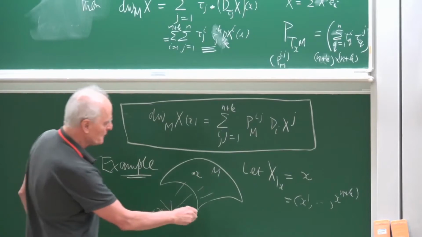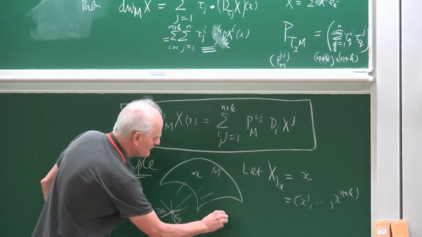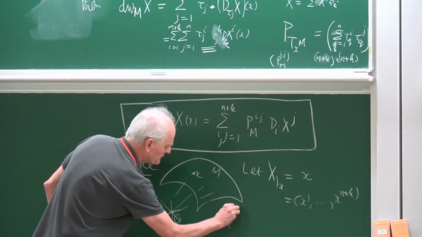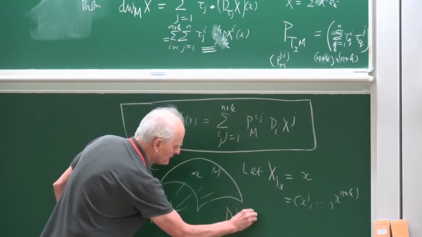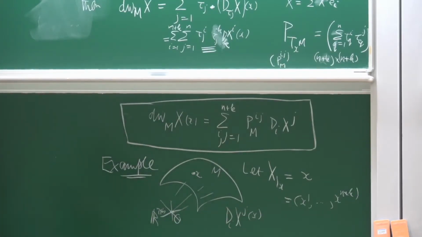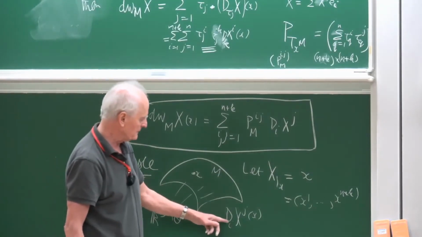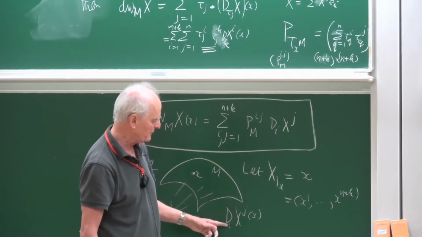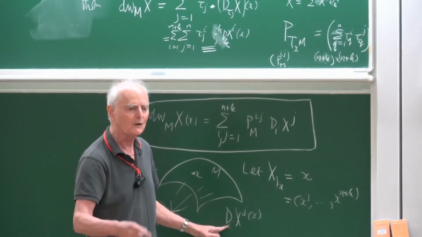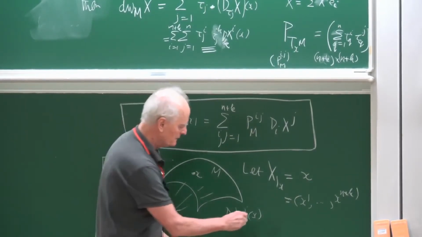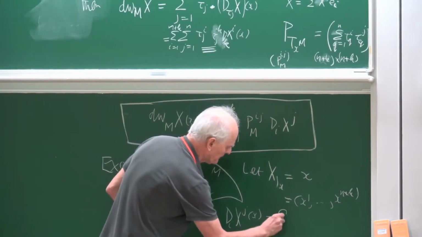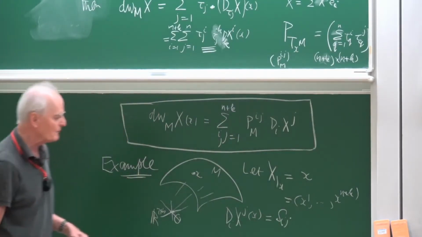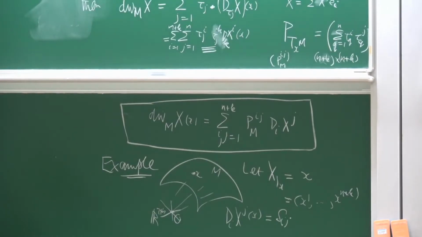So what's D_i X_j at x in this case? Well, it's just D_i of little x_j, the partial derivative of the jth coordinate with respect to the ith coordinate. That's just the Kronecker delta ij. It's equal to 1 when i is equal to j, and it's equal to 0 when i is not equal to j.